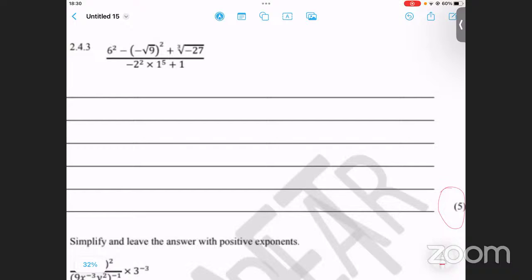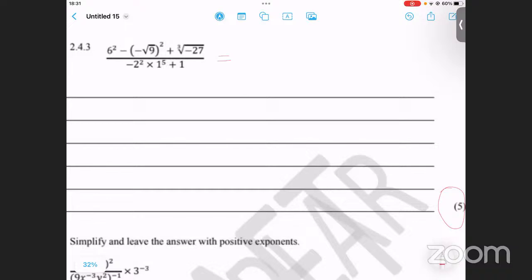Yes, ma'am. So you take 6 squared, and then you square it, which is going to give us 36.